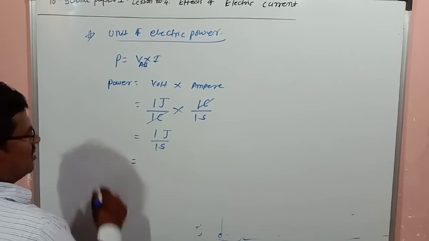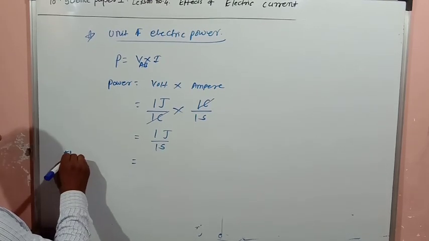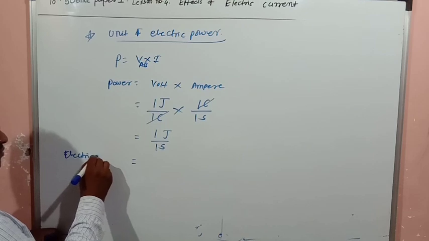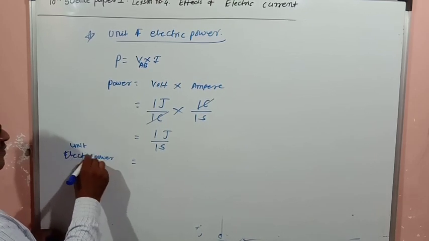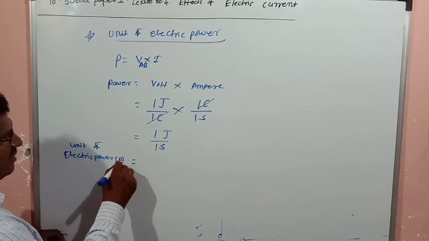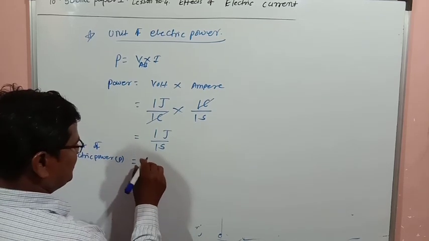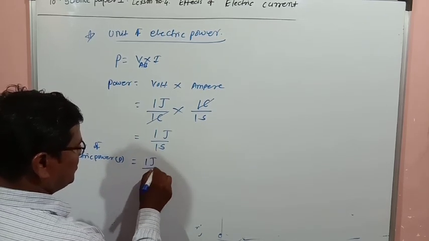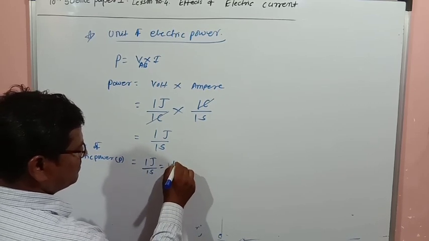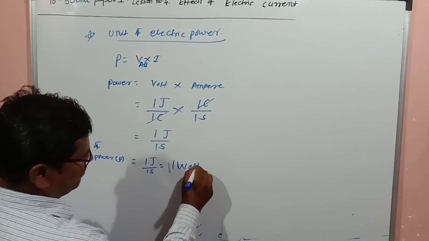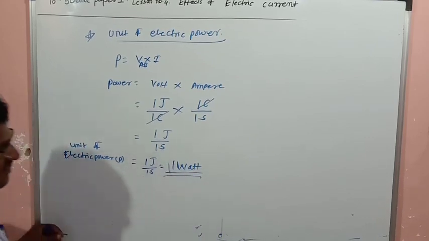And so the unit of electric power P is 1 joule per second, which means it is 1 watt.